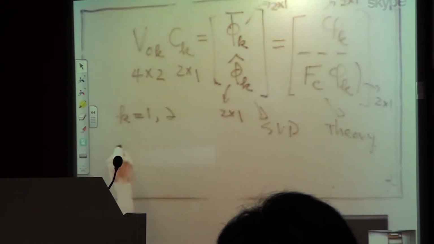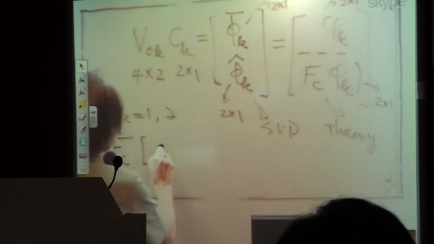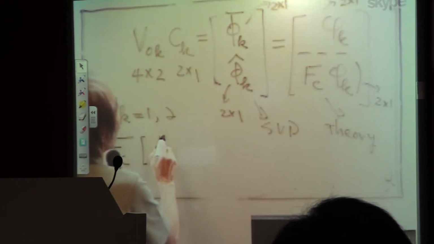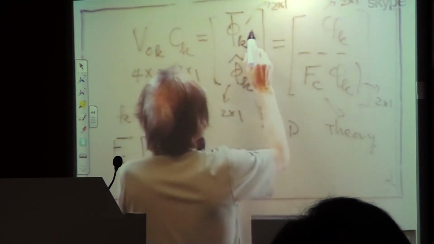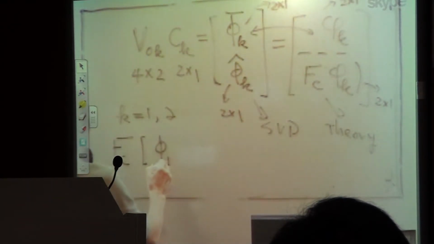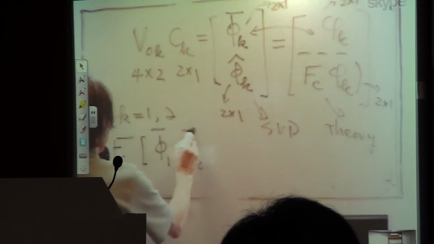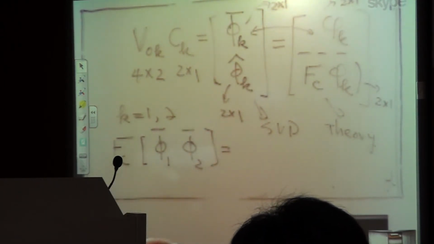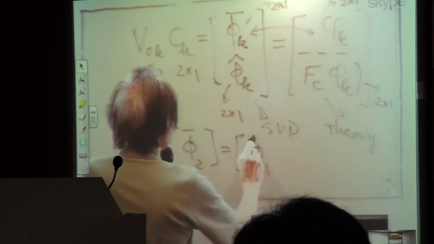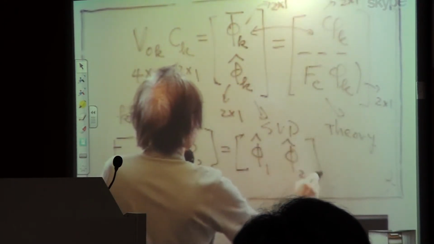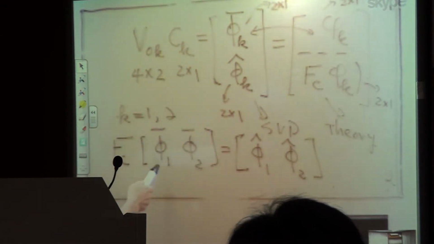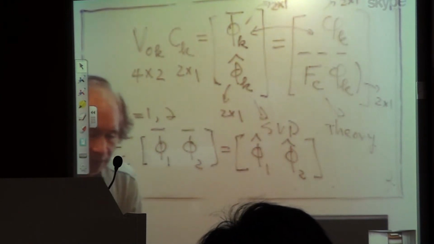And FC times psi 1 bar and psi 2 bar equals phi 1 hat and phi 2 hat, because the 2 by 2 problem will go with eigenvalue 1 and eigenvalue 2.